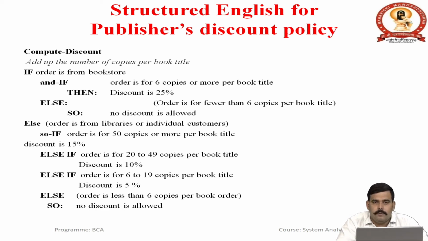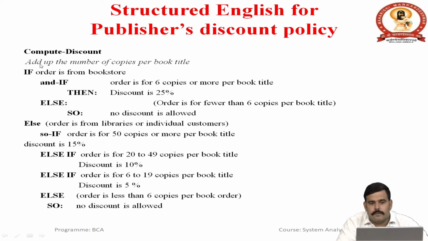If it is a bookstore, and additionally the order is 6 copies or more per book title, then the discount is 25%. Structured English is just an English language like representation of the problem having if, else, then and so statements.